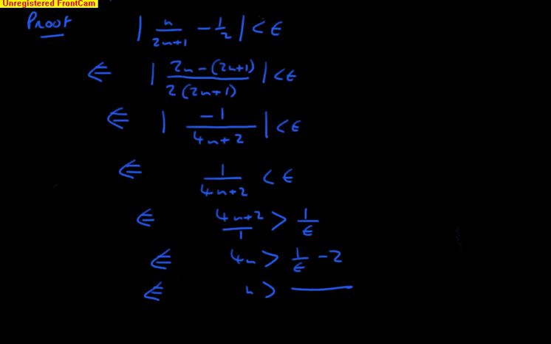Oops, I shouldn't have put that line there like that. There we go. Right, back to that. n is bigger than 1 over 4 epsilon minus 2 over 4.